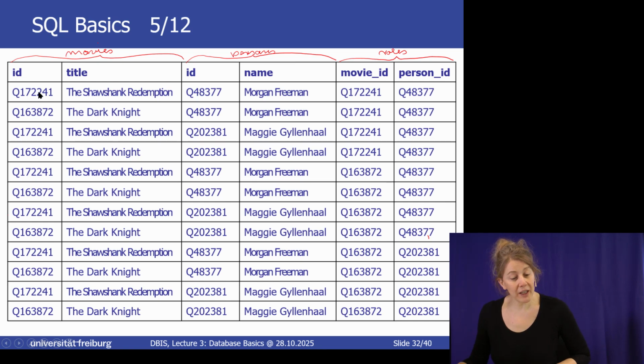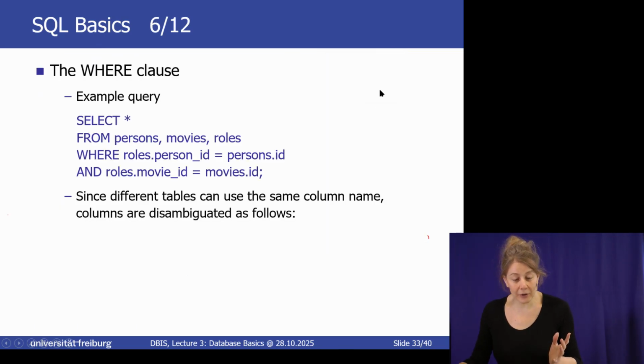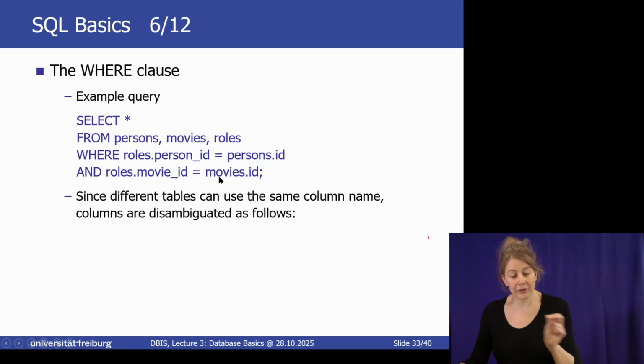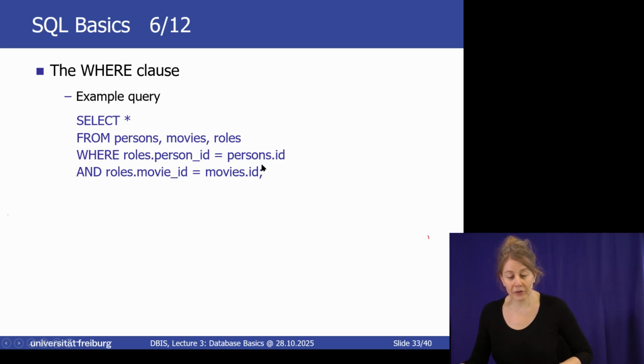So I have a combination of a movie, Shawshank Redemption, and an actor, Morgan Freeman. And this row here says, yeah, actually, this actor did play in that movie. So this is something to include in the result. And this is exactly what we write in the query. We just say, in the result, only give me those rows where the person ID is actually the ID from the person, and the movie ID from the roles is the movie.